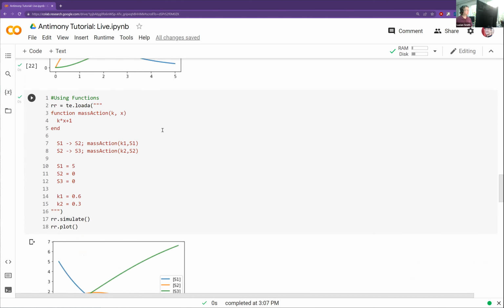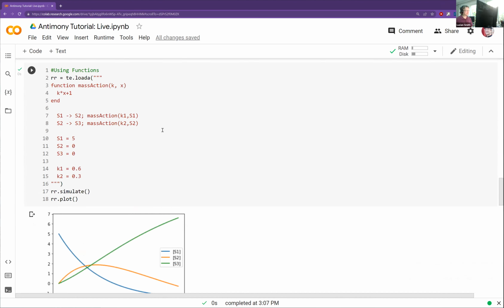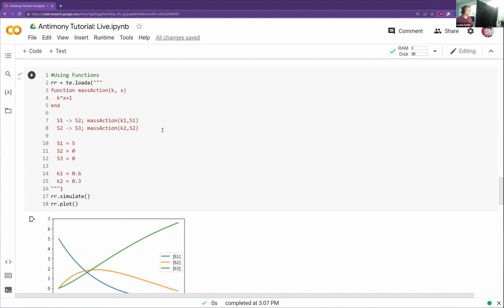Obviously, that's less of a real example than just a demonstration of the sort of thing you can do. One thing I will say with functions is that if you import a model from SBML that was created with Copasi, it will automatically make every rate law into a function. So you end up with a lot of these functions at the beginning of your model.